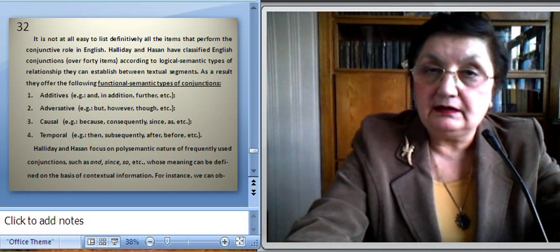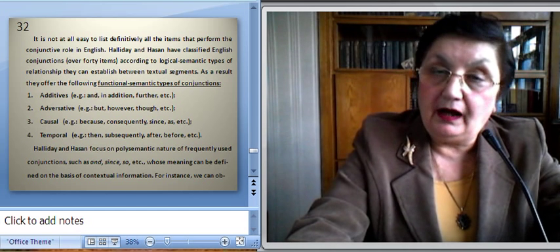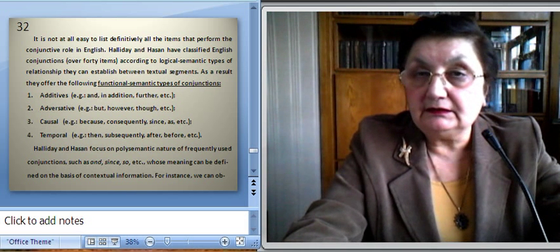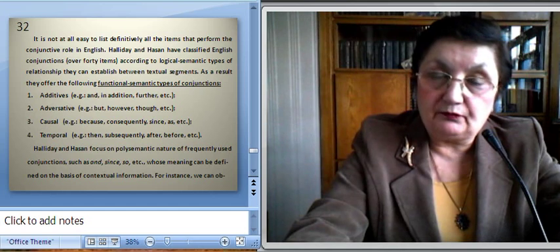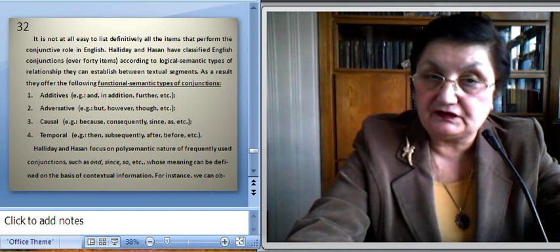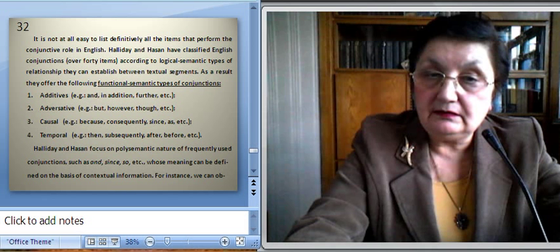For instance, we can observe the wide use of the conjunction and in the examples given below, where the meaning of this conjunction varies according to the linguistic context.